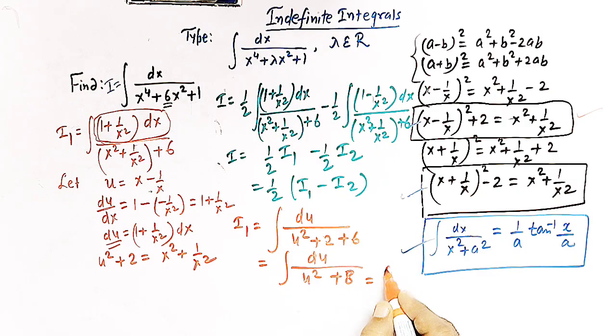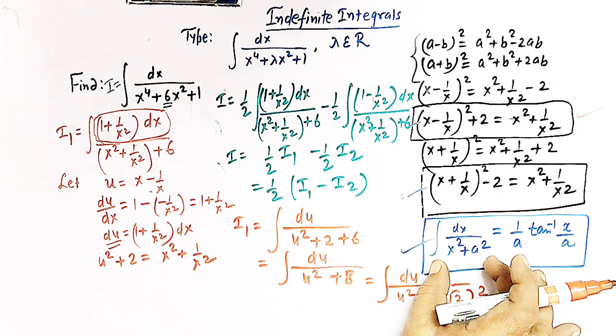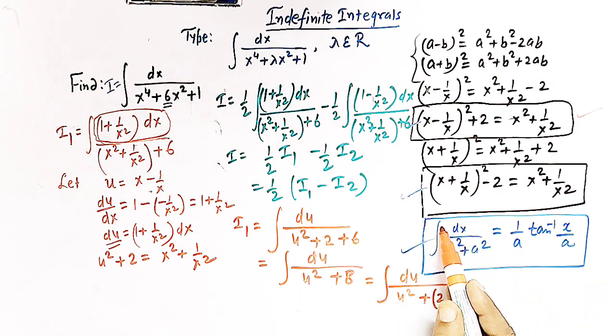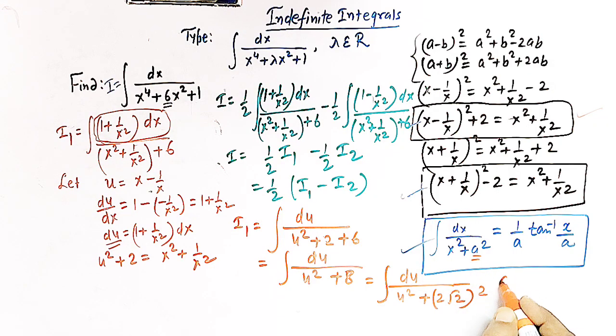So we can now write du, and here we have u square plus 2 root 2 square, right? So now this integral I1 takes this form, that is integral dx over x square plus a square. Here the variable is u, and the value of a is equal to 2 root 2.